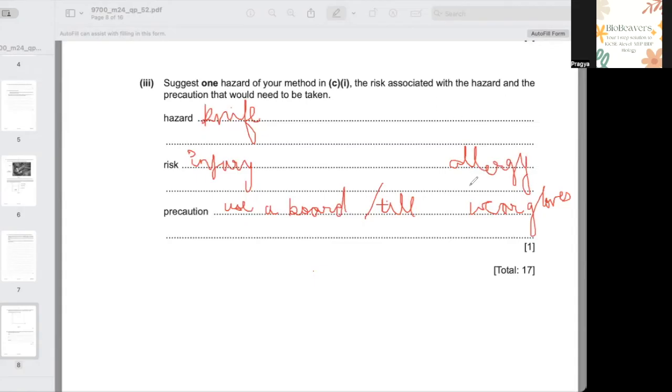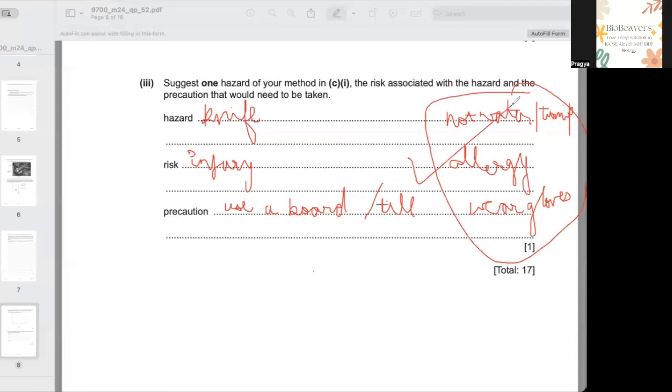I have temperature, which I'm looking at, which is the hot water bath, which is there. So obviously the hot water can be there, or I have turnips, which are there. So these can actually lead to an allergy. The more obvious one which comes to your mind is usually this part, which is also correct. And if you can come up with this, so you have to only come up.